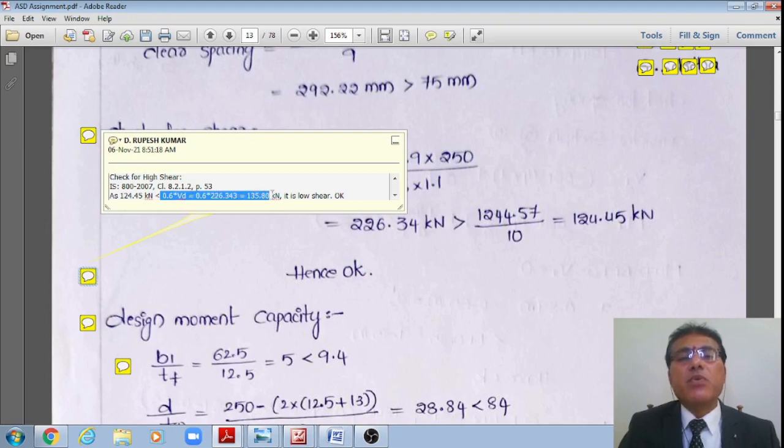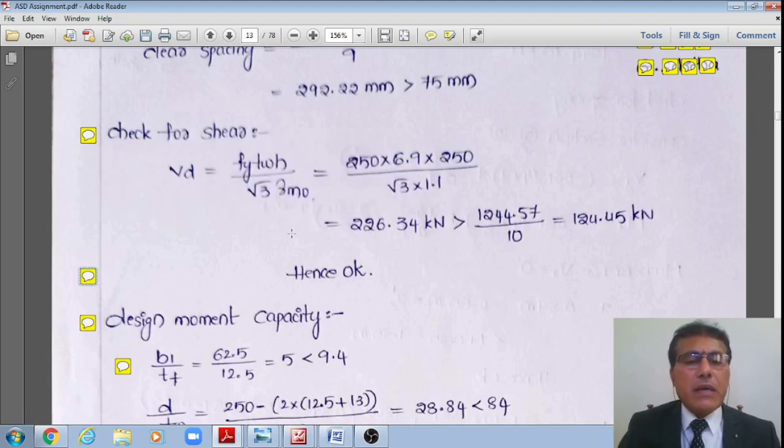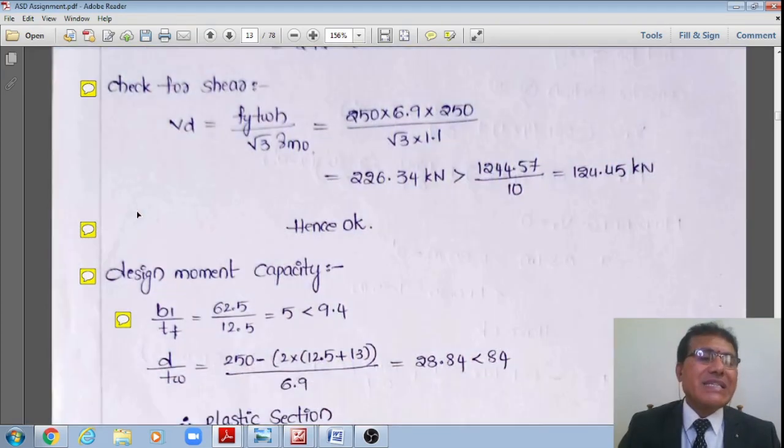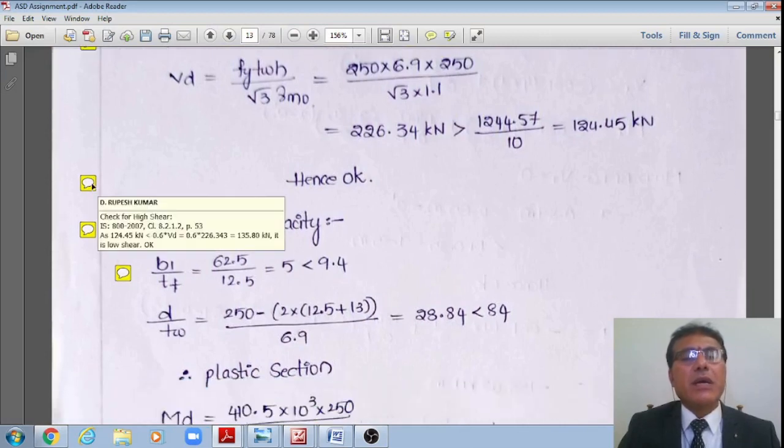It is 0.6 multiplied by 226.34, which is 135. It is a case of low shear. Therefore, the exact calculation for the design capacity of the section need not be done by taking into account the shear. That is the conclusion.